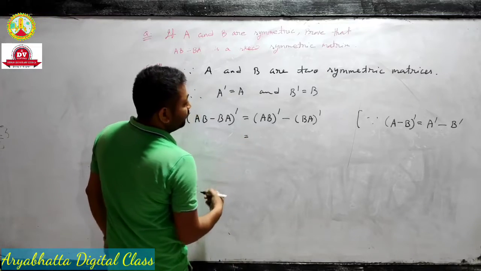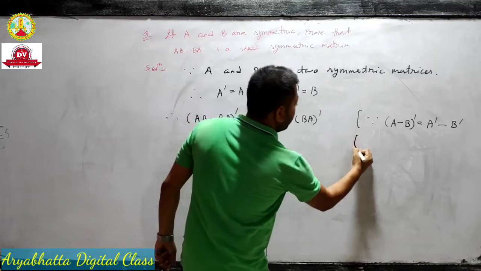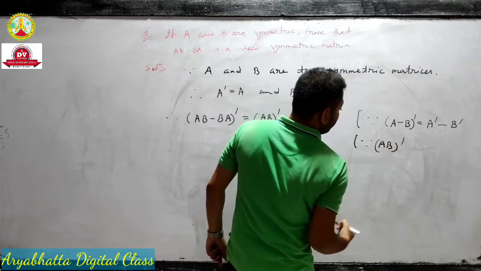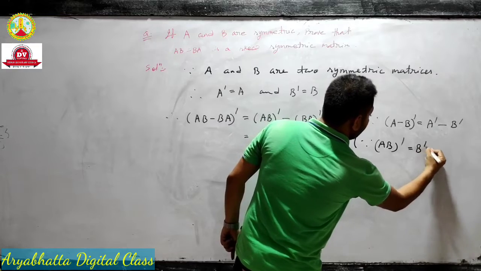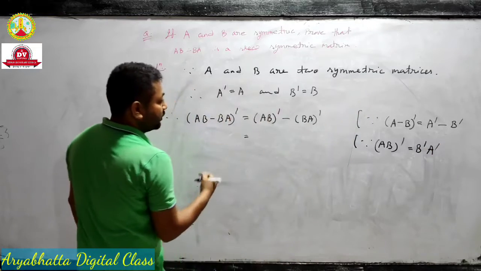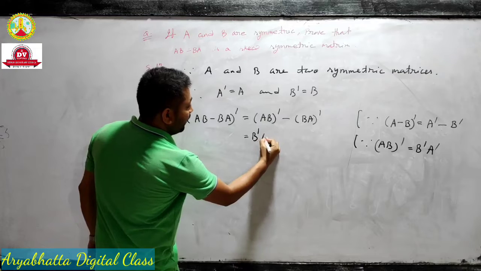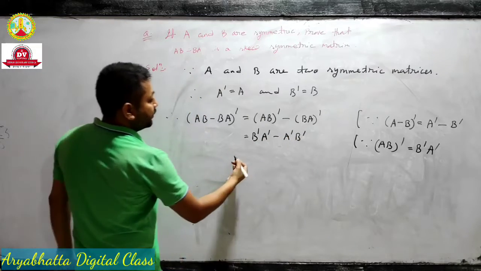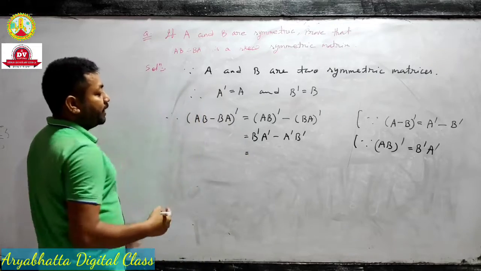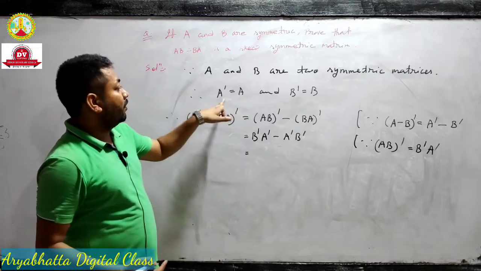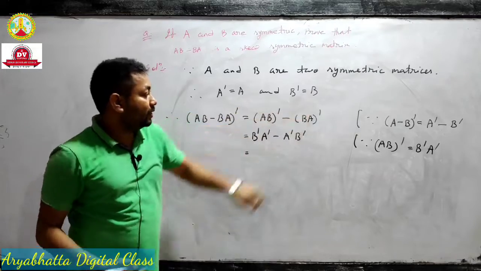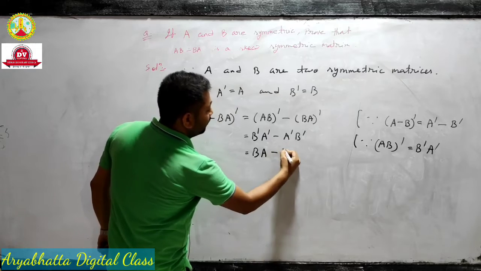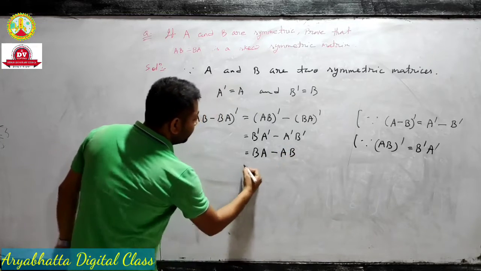We also know that transpose of AB equal to B dash into A dash. Therefore, this can be written as A dash into B dash minus B dash into A dash. Given A and B are symmetric, A dash equal to A and B dash equal to B.